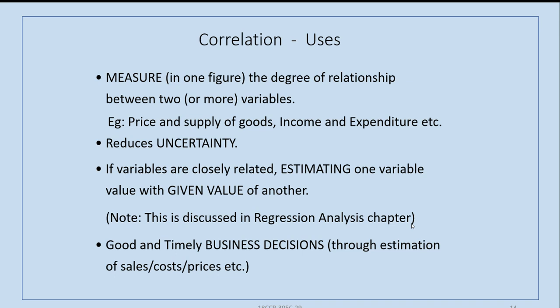If one value is given, another value can be estimated. Suppose if supply is given, price can be determined. So that is the meaning. Good and timely business decisions can be taken. So decisions can be taken when correlation is used. Correlation is very, very useful in business and in so many other areas.